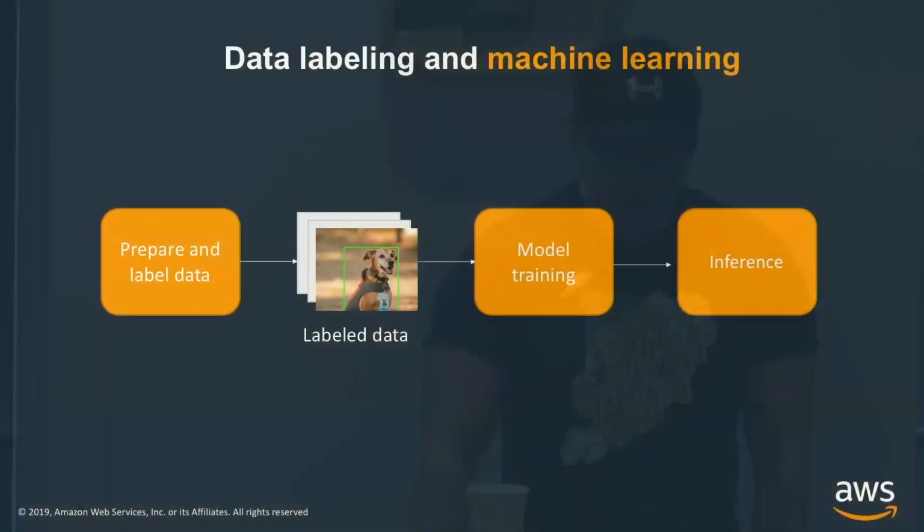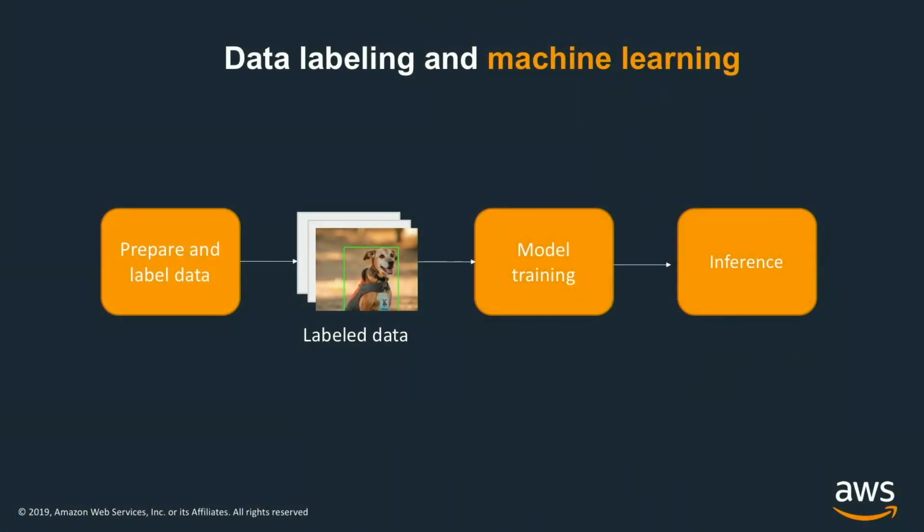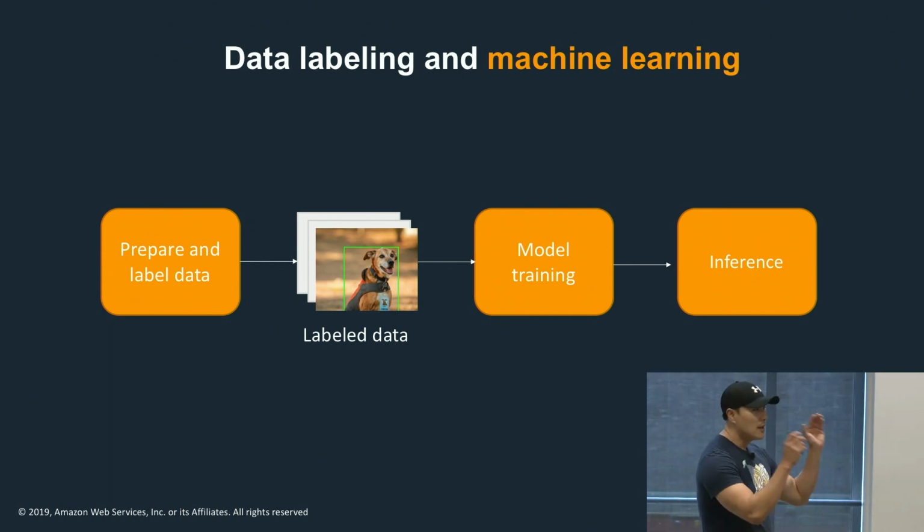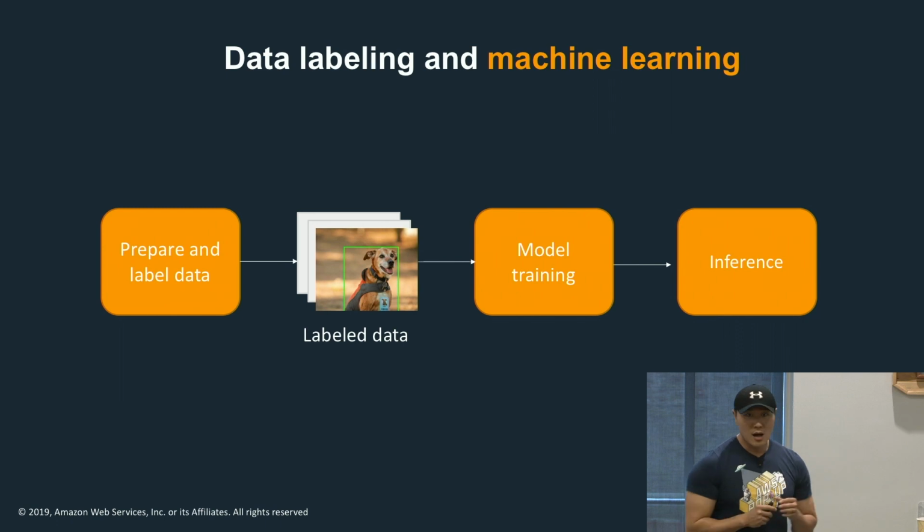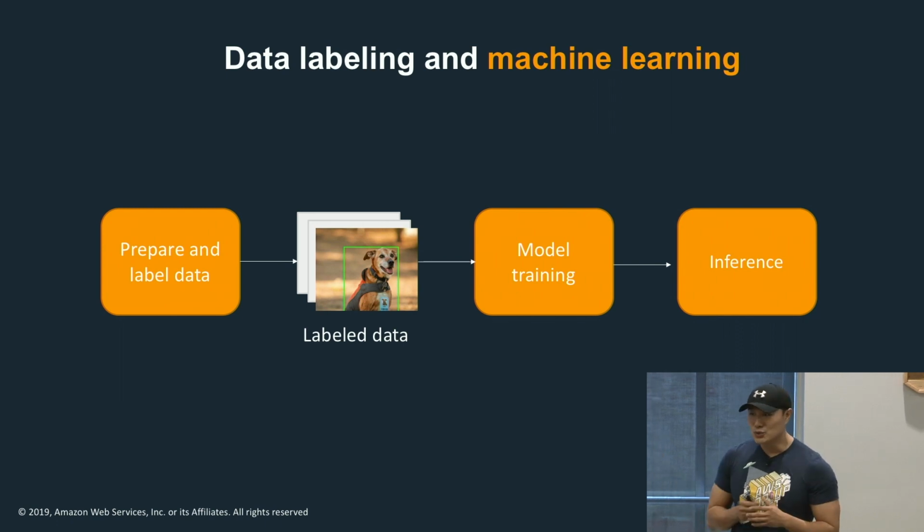So here's data labeling and machine learning. You prepare and label the data. In this use case, we're doing object detection. We're labeling where the dog is. We're telling the machine, in this picture, here is the dog. Somebody has to do this job.